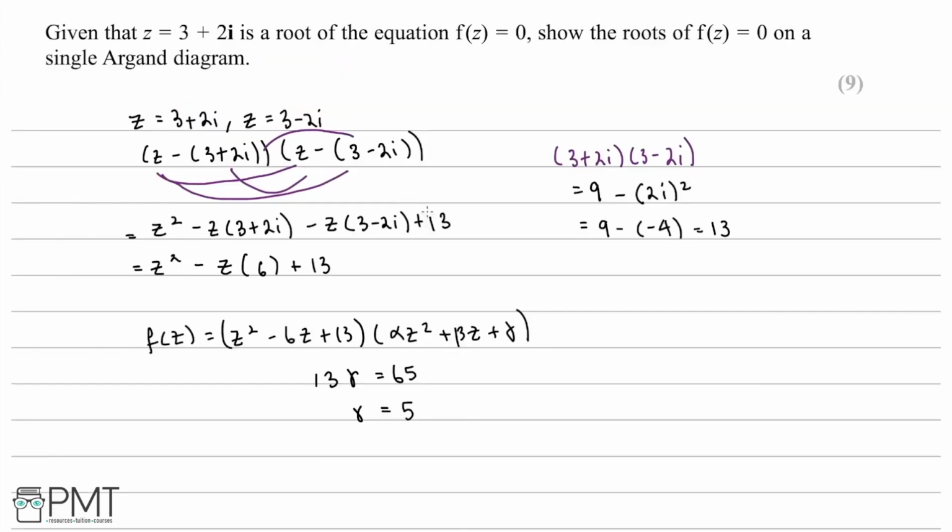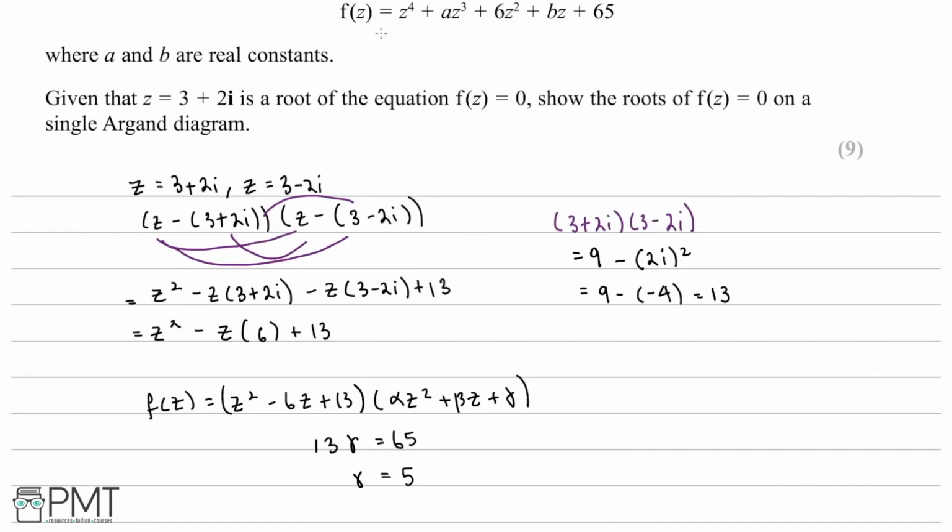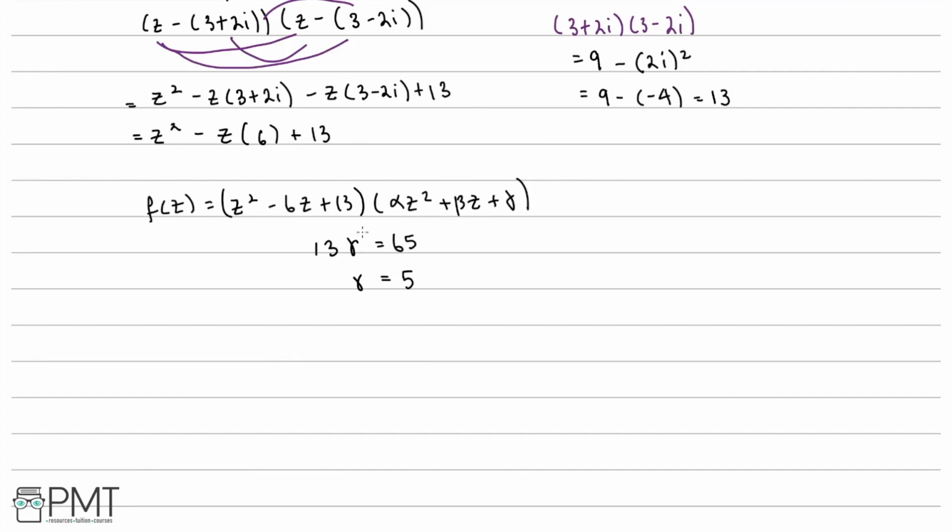Similarly, in order to get alpha, we can see that to get the coefficient of z to the power 4 of our equation, which is just 1, we need to multiply in these two quadratic factors a z squared term multiplied by another z squared term. So z to the power 4 is equal to alpha z squared times z squared, and thus alpha will just be 1 because you can divide both sides by z to the power 4.